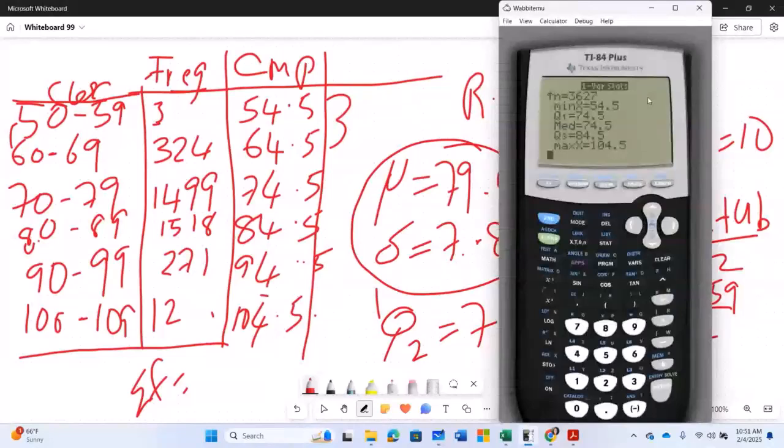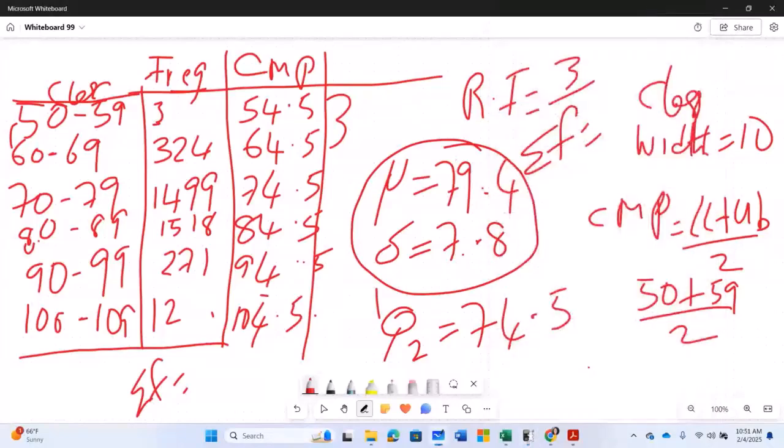So we found the mean and the median, and now we assume that they are equal, even though it's a little bit skewed right. If the mean is greater than the median, data is skewed right slightly.